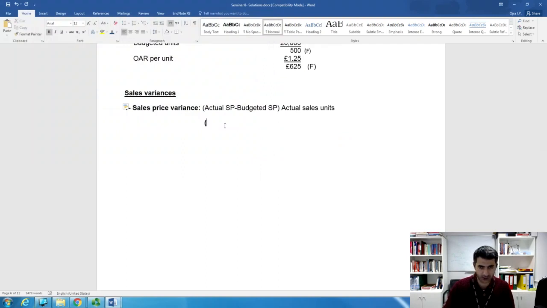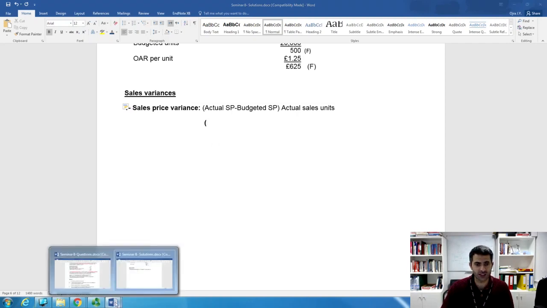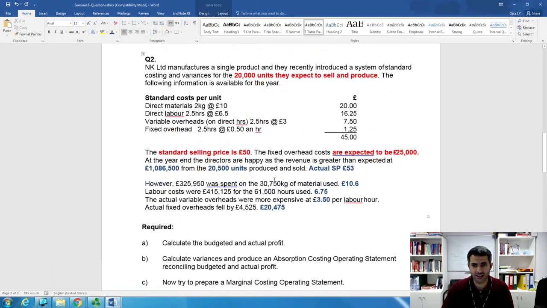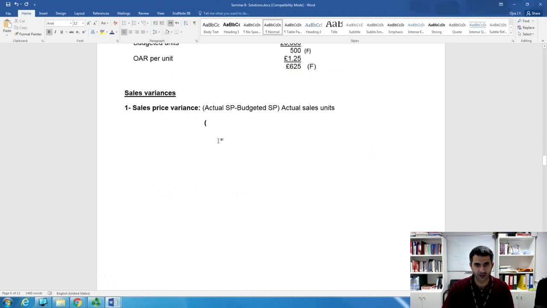Actual selling price per unit, guys. What's the actual selling price per unit? It is £53, the one we calculated, minus the budgeted selling price per unit of £50.